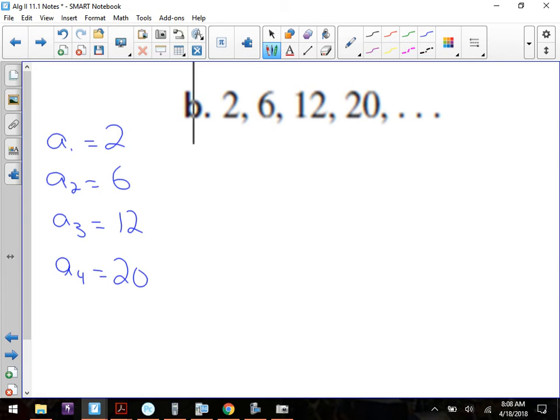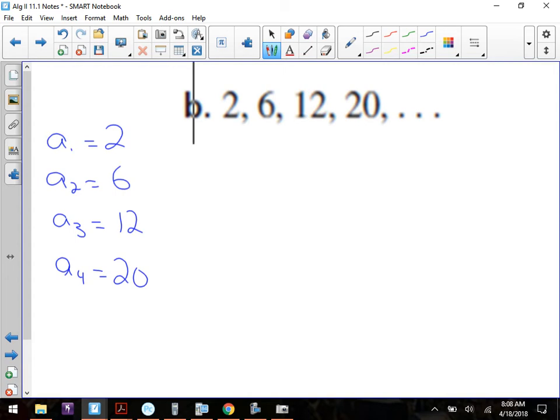So the next one would probably be what? Probably 30, wouldn't it? Okay. So what we have to do is figure out how you are generating the next number. Now you're adding, okay, but it's not a constant value that you're adding every time.